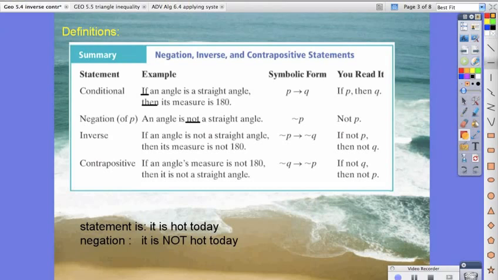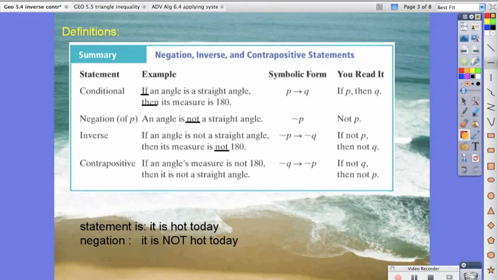Our conditional ends with then its measure is 180; our inverse is then its measure is not 180. So it's the same exact thing as our conditional, but we add not to both the hypothesis and the conclusion. The symbolic form is exactly the same as the conditional, but we throw in this negation sign, or the tilde. It's read, if not P, then not Q.